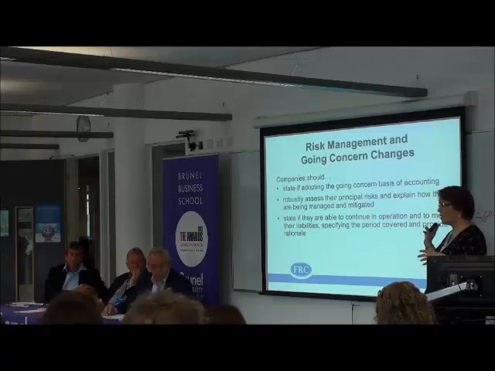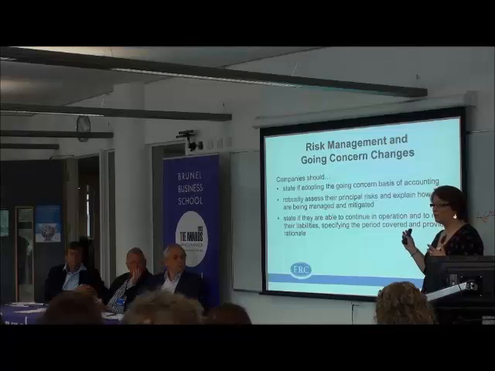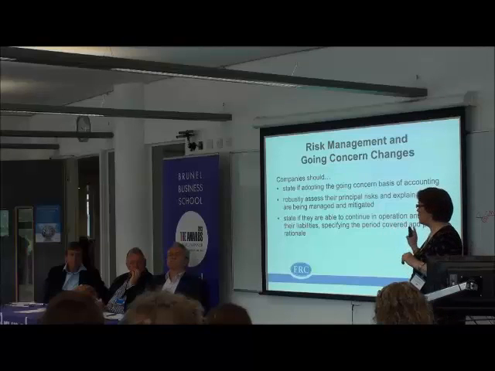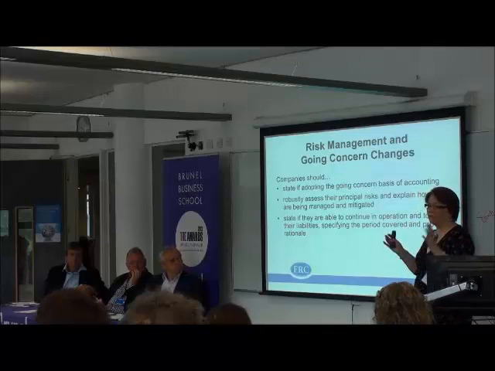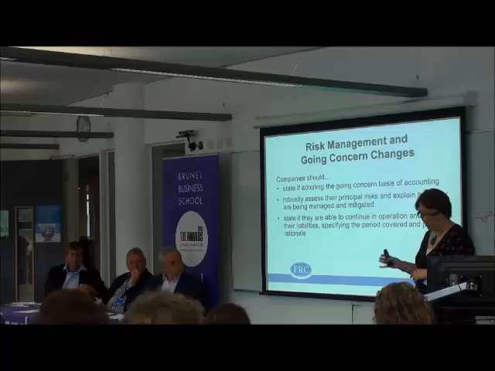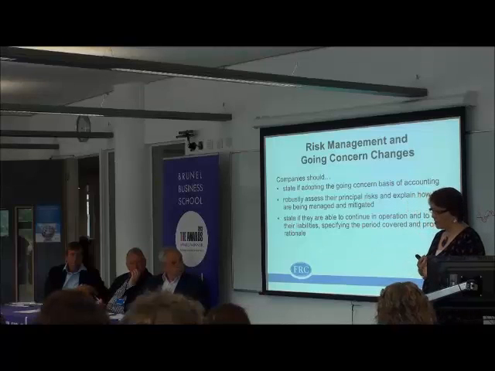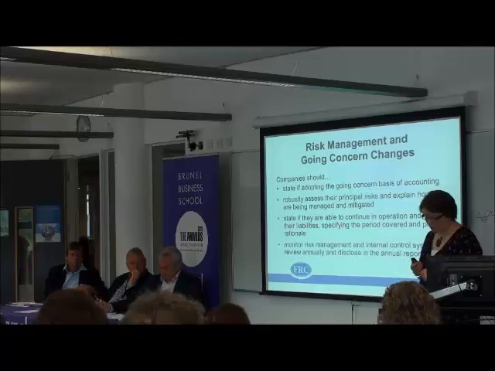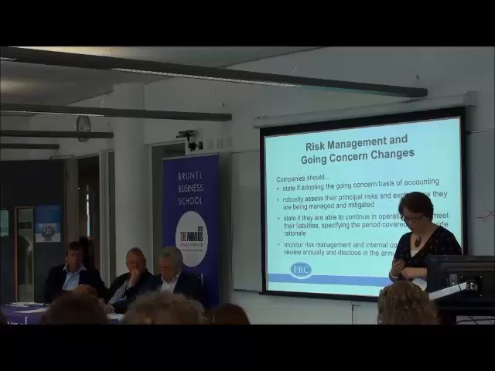So we're asking people to take a judgment about what their future strategy looks like, what they know is coming on their horizon, and to specify in their report what they're stating about it. So it could be a five-year period, and we want them to provide their rationale for saying that. Final piece, though, is monitoring risk management systems and internal controls.